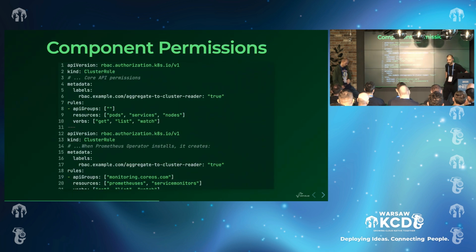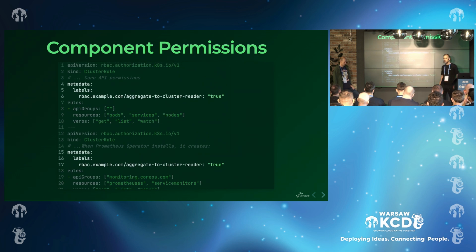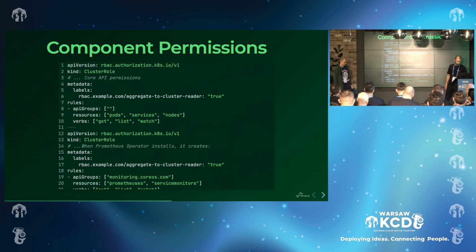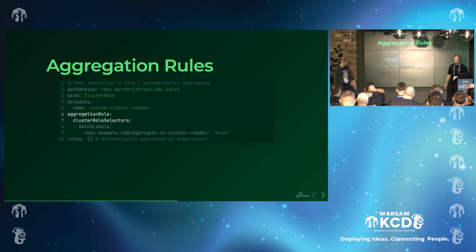So what can we do about it? While creating the permissions, we add the rules as usual, but additionally, we add a label that we'll use later with the aggregation rule. As always, we create a regular role, but instead of writing rules, we add an additional block, aggregationRule, where we point to use the roles with those labels that we previously created, and we leave rules empty.